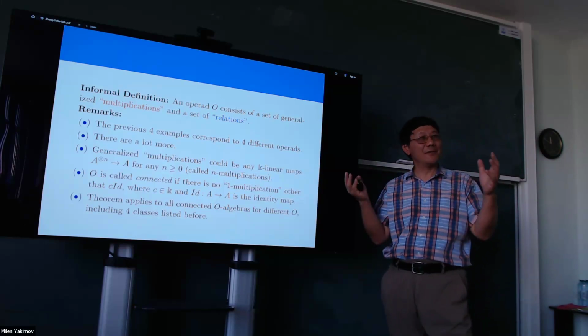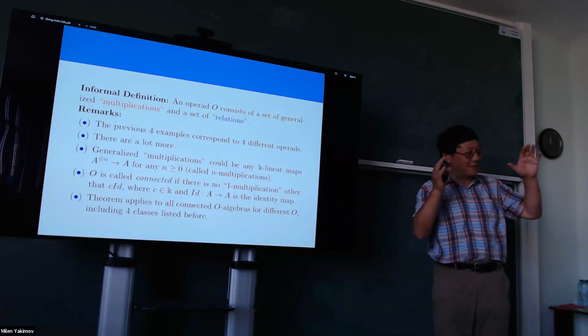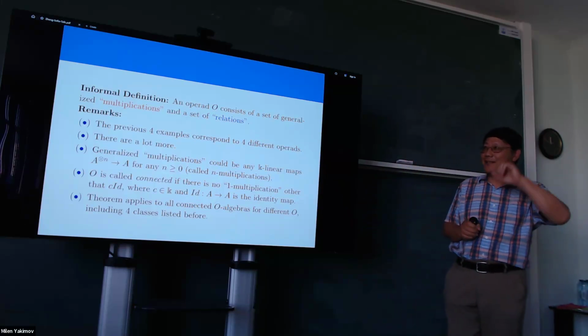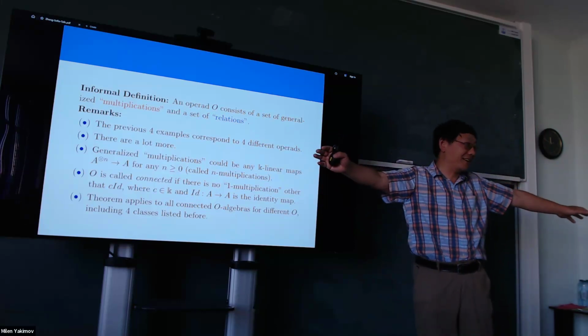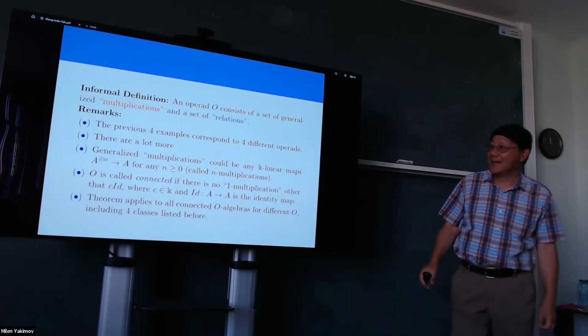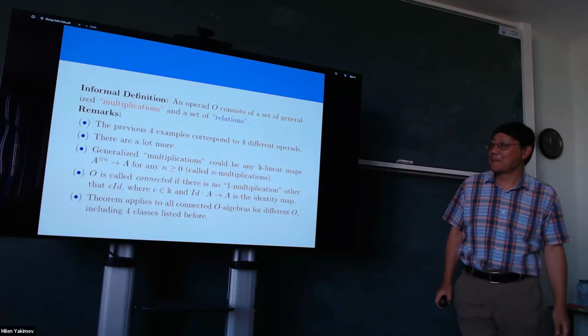I use red for multiplications and blue for relations. We already have seen some examples, right? Each operad consists of a bunch of multiplications, maybe more than 5, even 10 possible, and also a set of relations, could be 100 relations.